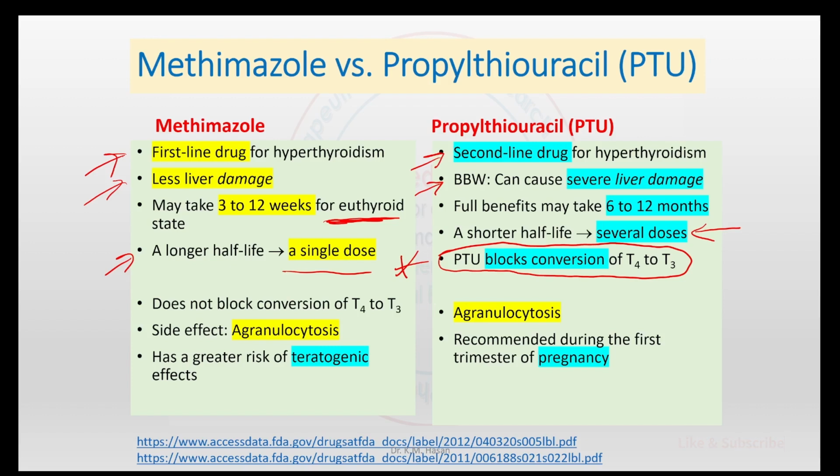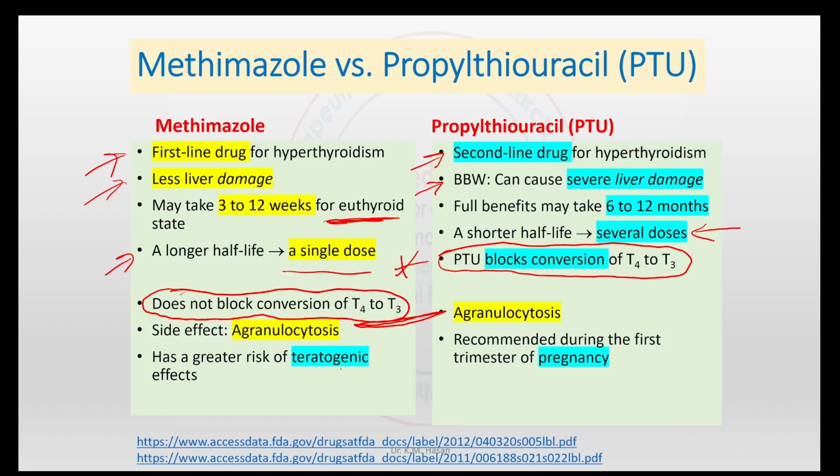So we have all the similar color here. You can see here also that methimazole does not block the conversion. So this one with a circle is maybe some difference. Both of them involve agranulocytosis. Okay, that's good.